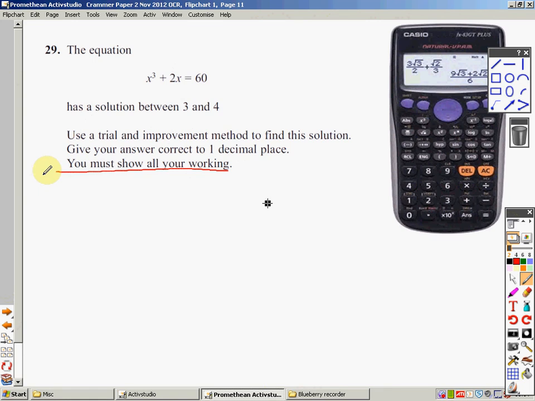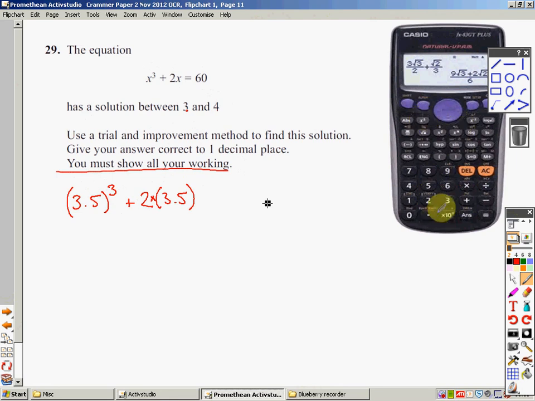So, we know that x, the answer to x, has got to be between 3 and 4. It's somewhere between those two. I'm going to go for a halfway guess. So I'm going to do 3.5 cubed plus 2 times 3.5. And I type that in my calculator. I'll do the cube bit on here for you. It's 3.5 and x cubed, on my calculator, this button here.